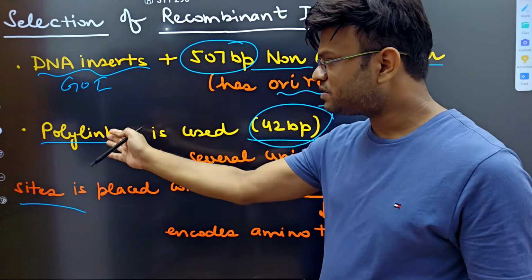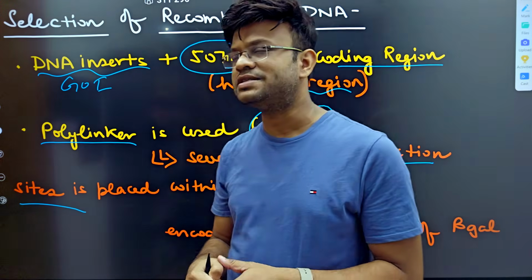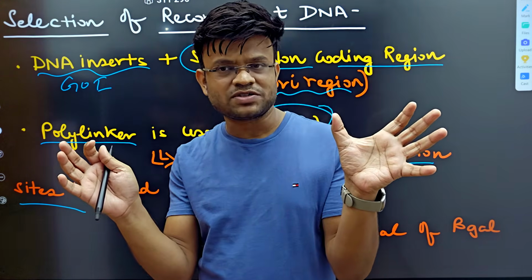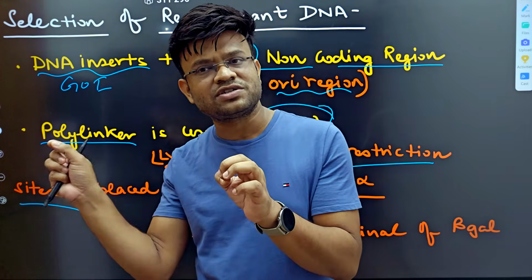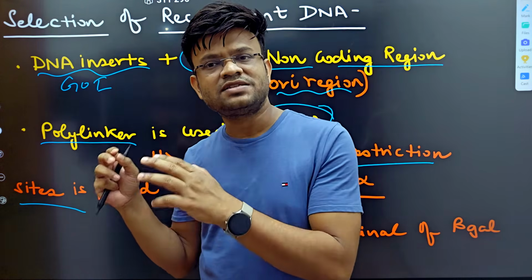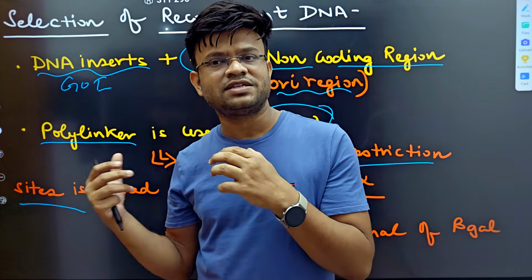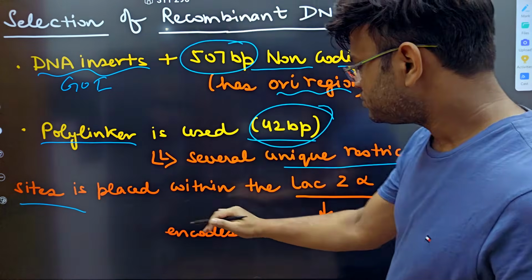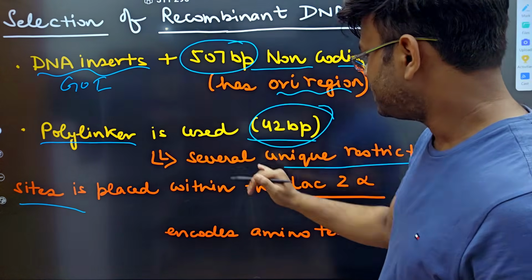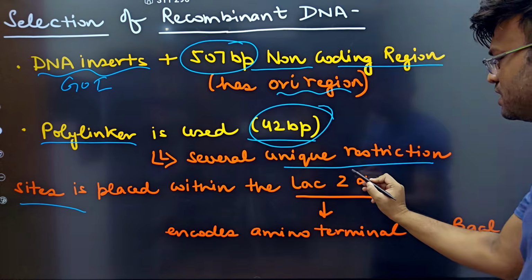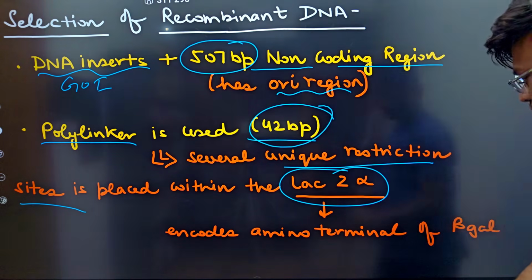Now the function that polylinker plays is that it is a sequence, not that big a sequence, just a 42 base pair sequence, but it has multiple restriction sites. What do you mean by multiple restriction sites? That means multiple different types of restriction enzymes can come over here and cleave the polylinker, right? So this polylinker is used, and several unique restriction sites are placed within the LAC-Z alpha gene.